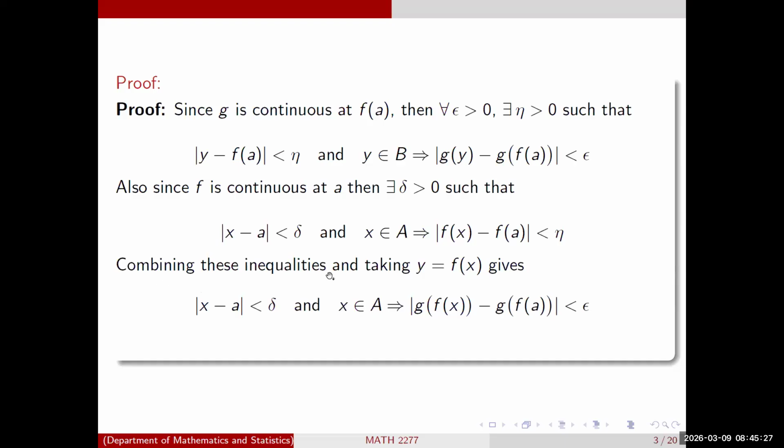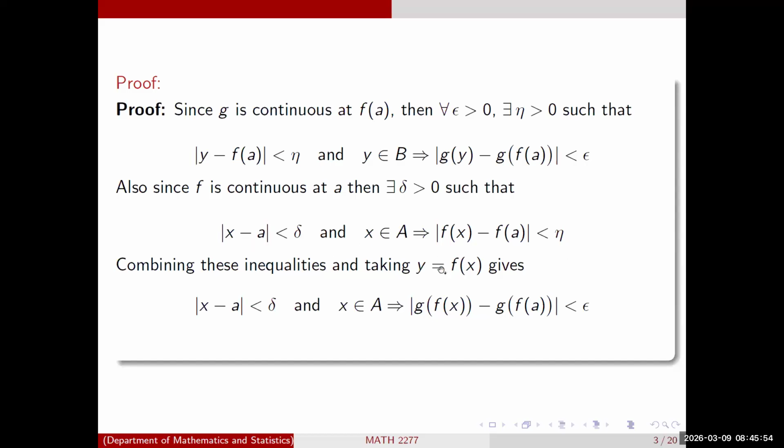Okay, so combining these inequalities, I'm taking y equal to f of x. Let's use that the distance between x and a is within delta, and x belongs to A. So this inequality holds.